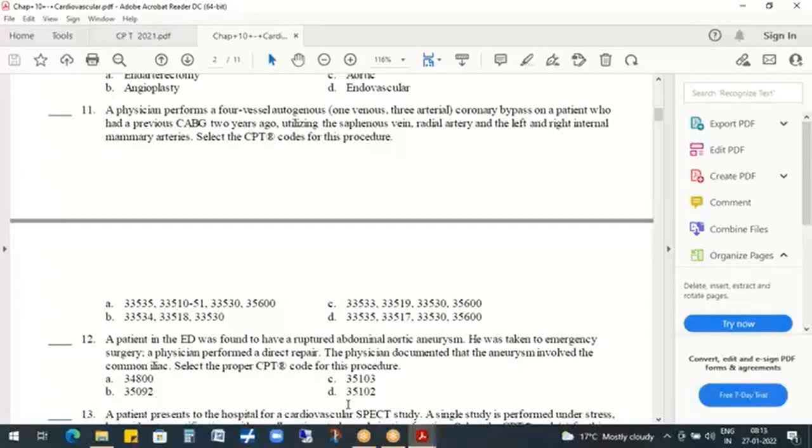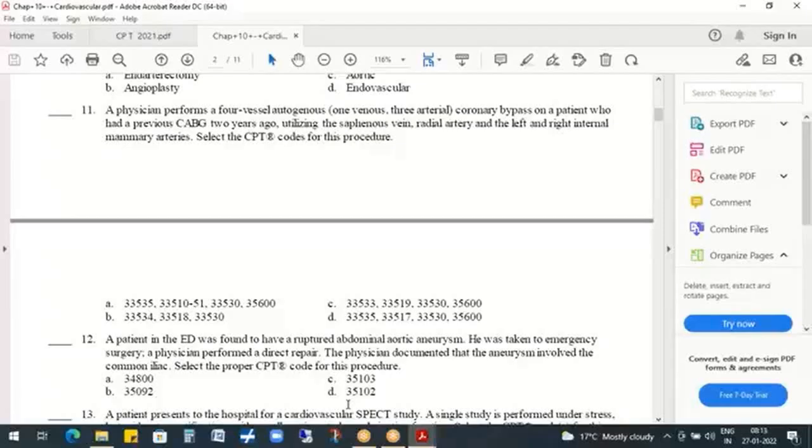It is 33535, which is in options A and D. Now for venous, it is 33517, an add-on code. Then what is your answer?